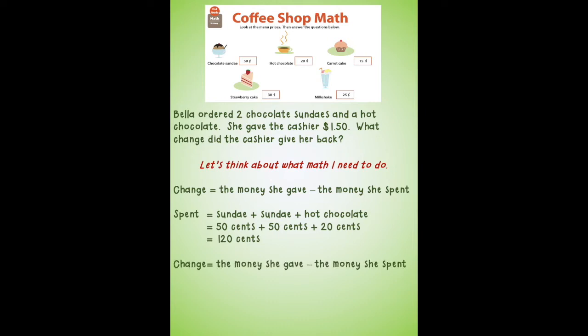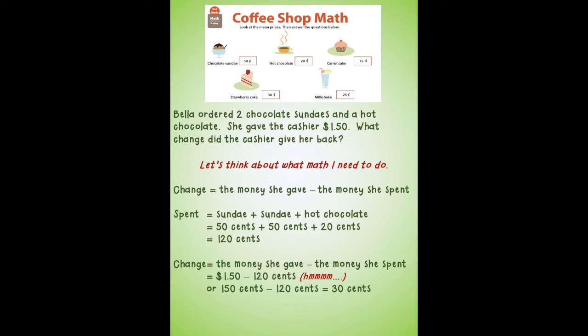Again, change is the money she gave minus the money she spent. She gave $1.50, and she spent 120 cents. There we go again. Dollars minus cents. I have to turn them into the same thing. I think cents is the easiest, so I'm going to do that first.